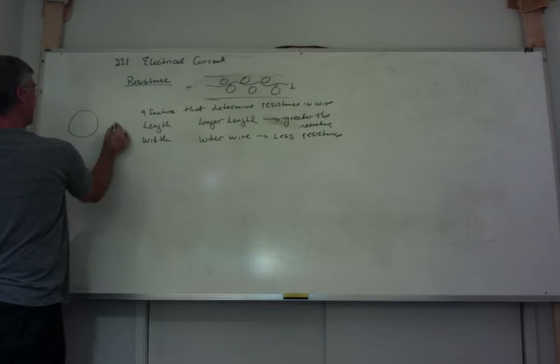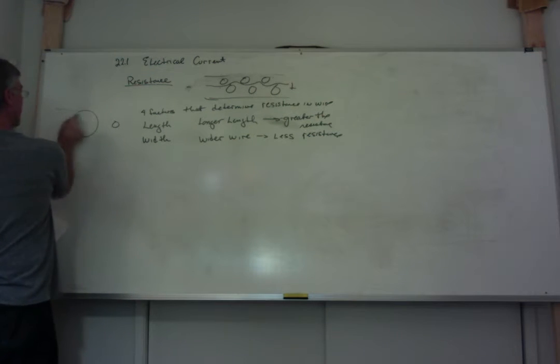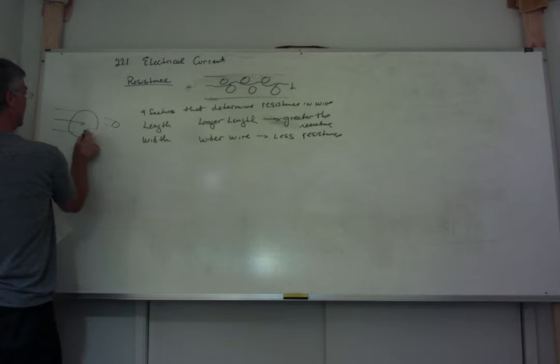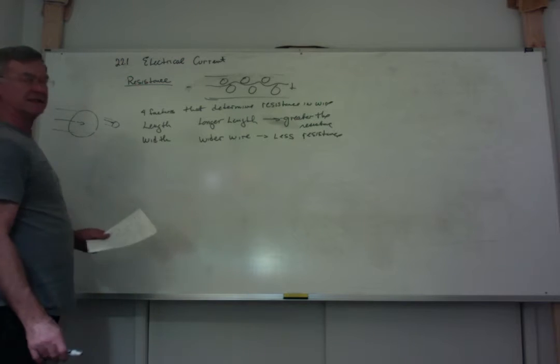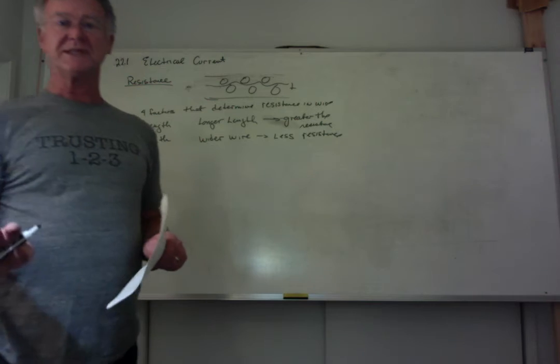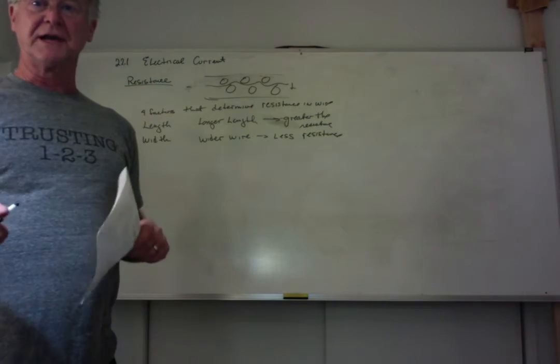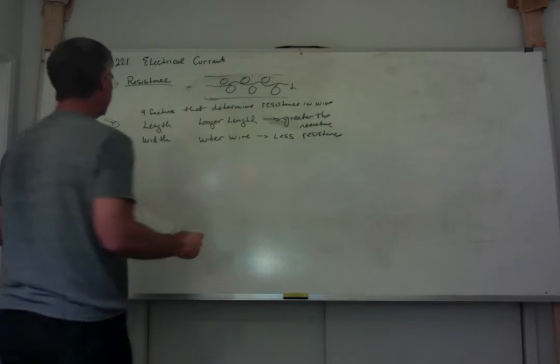If I had two pipes, and I had water coming through those pipes, this pipe will have much less resistance to the water because most of the water flows without hitting the edges. This one would have much greater resistance. I don't know if that's exactly the reason that it happens with wires, but that's the way I remember it.